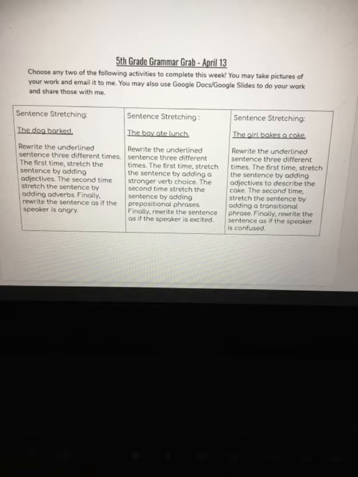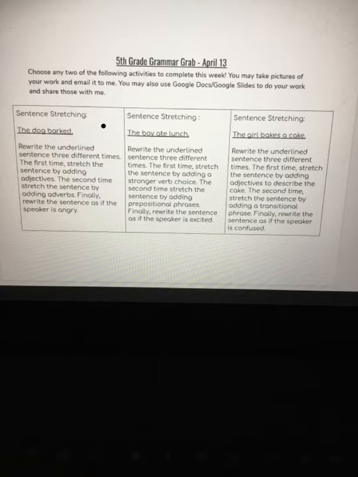So in this first box where it says "the dog barked," it wants you to rewrite the underlined sentence 3 different times. So the first time you are stretching the sentence by adding adjectives. Okay, remember adjectives describe something. So you want to add descriptive words in there to tell me why the dog barked, how it barked.